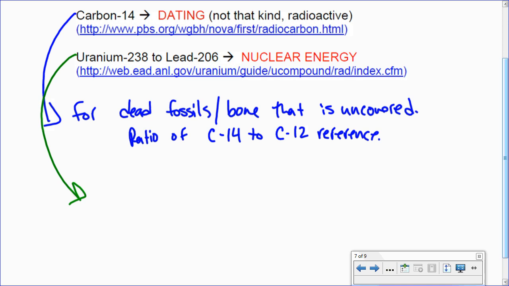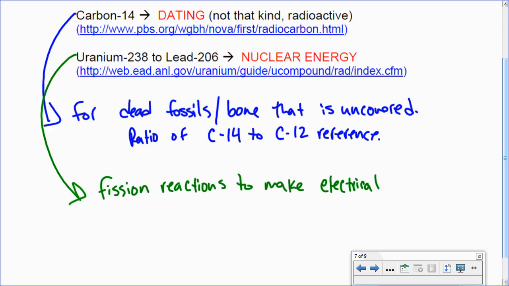Uranium-238 is actually used in a couple of different places. Nuclear energy, so we can use fission reactions to make electrical energy. Another isotope of uranium is also used for dating of rocks. So how old is this rock?